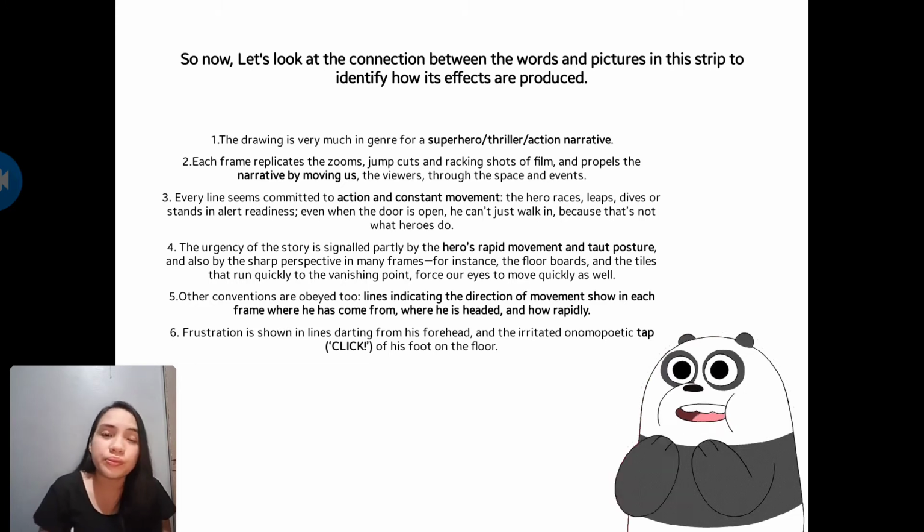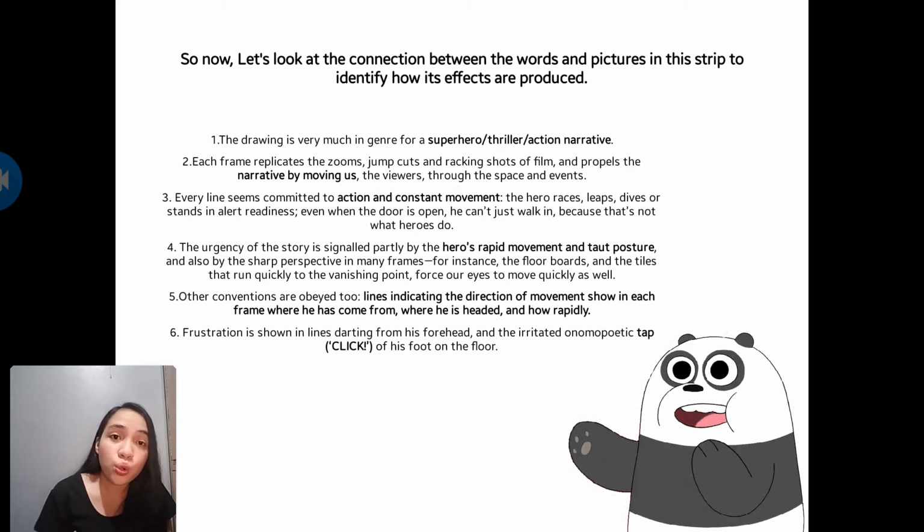So the movement of the character impacts our eyes to move quickly also. So it has impact. The comic strip has impact for us to understand that the character in the story moves rapidly. So fifth, other conventions are obeyed too.